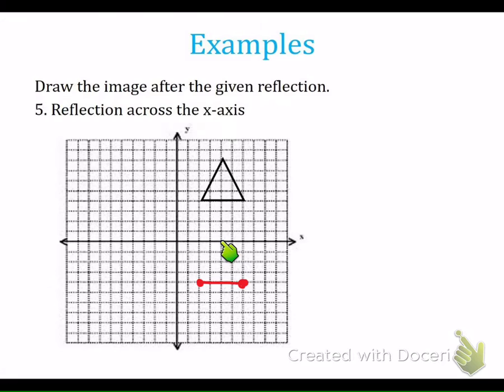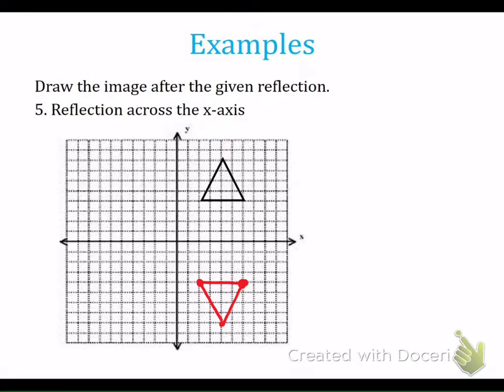I'm going to go 8 in the other direction away from the x. 1, 2, 3, 4, 5, 6, 7, 8. All right. Now use something nice and straight and connect those. And if you counted each point correctly, you should end up with a figure that is congruent and a mirror image. It's just flipped over the line.